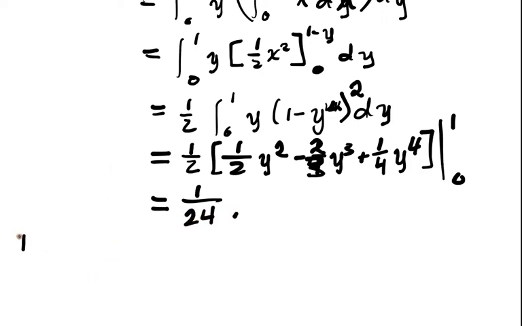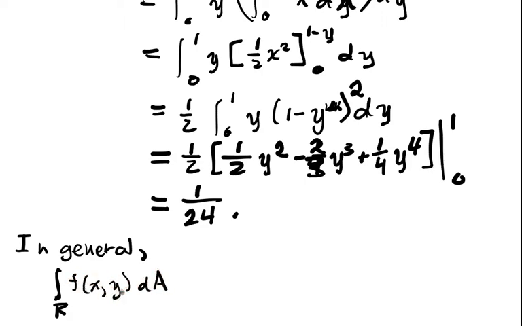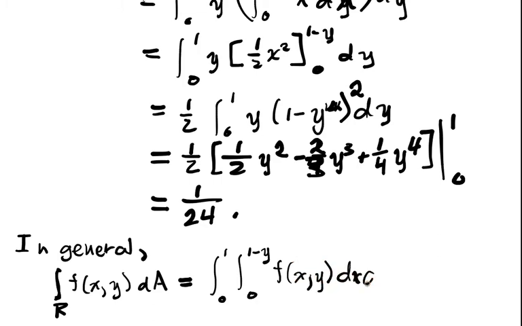So in general, if we were integrating over that region R, and I had some function f(x,y) dA, as long as this was, say, continuous on that region, or just Riemann integrable, I can write it as the integral from 0 to 1, integral from 0 to 1 minus y, f(x,y) dx dy.